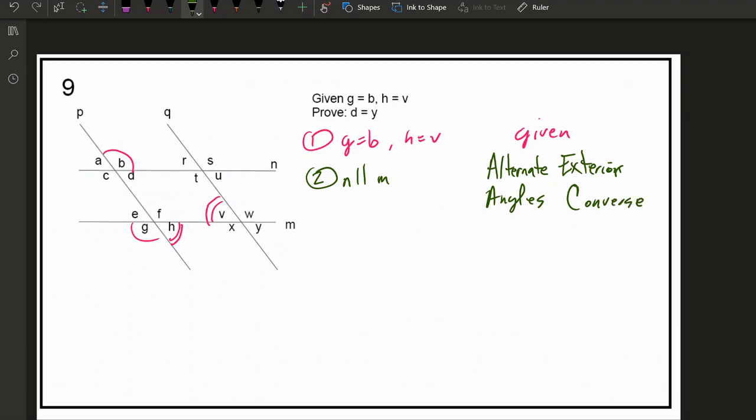But the fact that H and V are equal to each other, sorry, before I go any further, let me put my marks on here. The fact that H and V are equal to each other lets me know that P and Q are parallel, because I see that those are congruent and those are alternate interior angles.